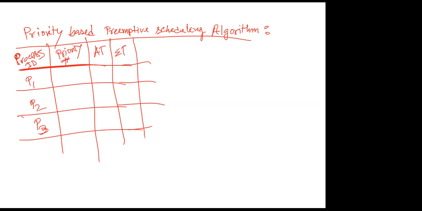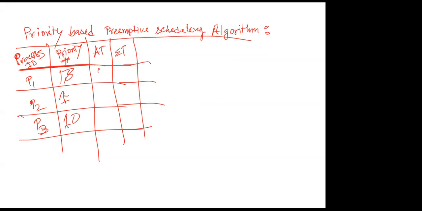We'll consider that the lowest number gets the highest priority. Let's say the priority numbers are 18, 2, and 1. The third process priority number is, let's say, 10. These are the 3 processes.